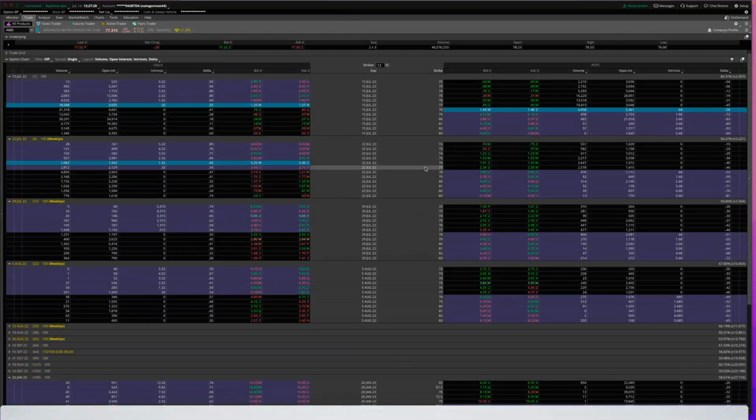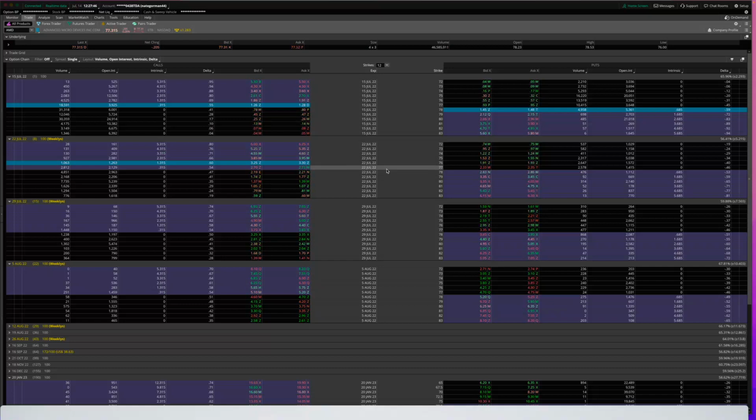So if I'm buying the $77 and they go up to 78 and the price goes to 78, I am not getting a full $1 move per 100 shares. Right.